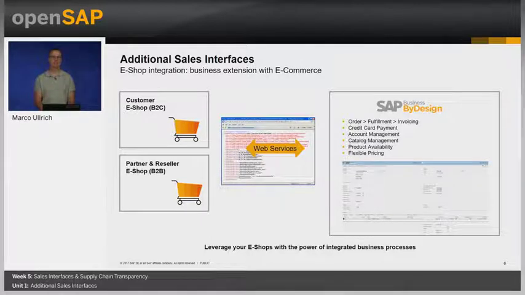SAP Business ByDesign provides technical interfaces for e-shops. The e-shop itself, which can be built, for example, on SAP Hybris, needs to be provided by the customer or a partner. More technical details on this topic will be provided in our Unit 5 of this week.